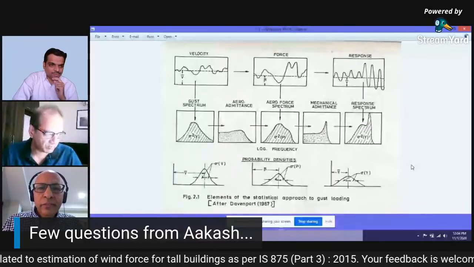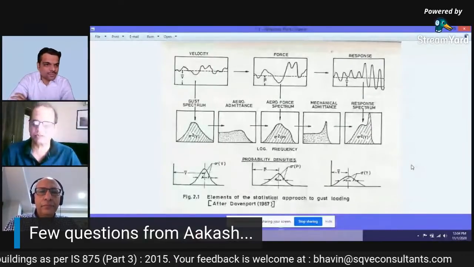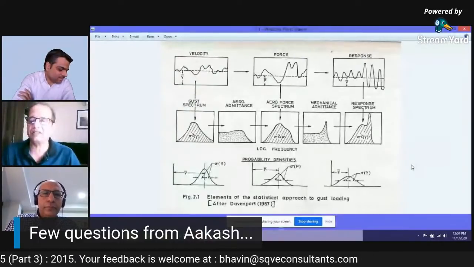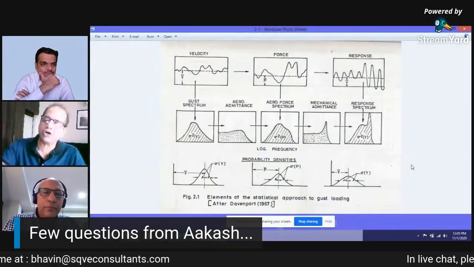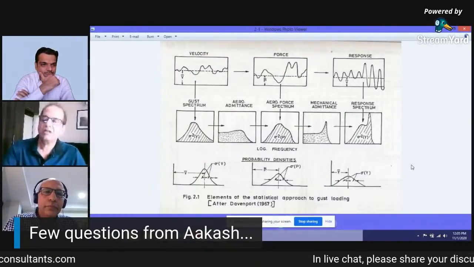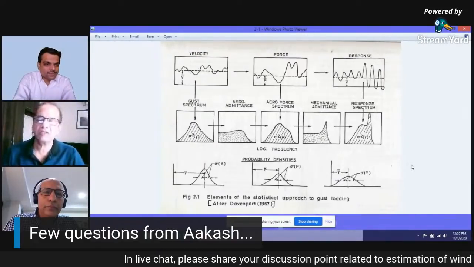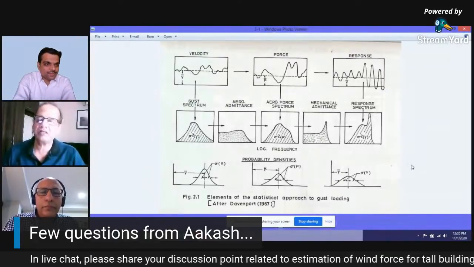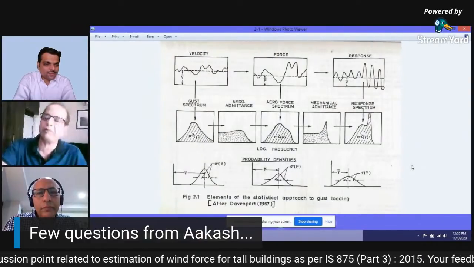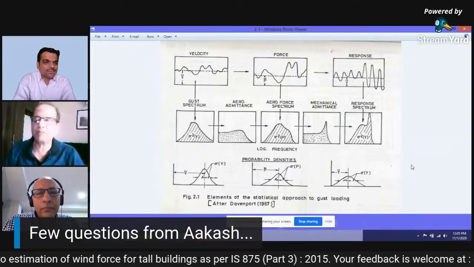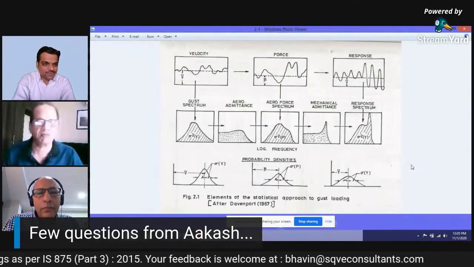So the overall response is composed of two parts. If you look at the last diagram on the right side in the second line, it takes an initial part, comes down and then there is a peak. If you consider these as split into two parts, that one is a peak and then goes down to zero, and then there is a small hump at a particular value. That hump, the peak at a particular value, corresponds to the structural frequency.